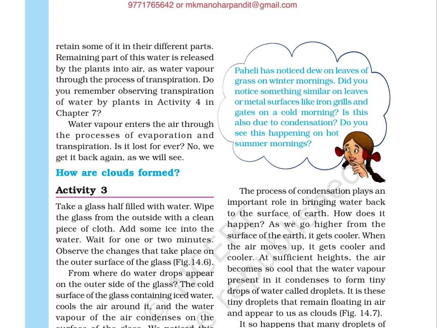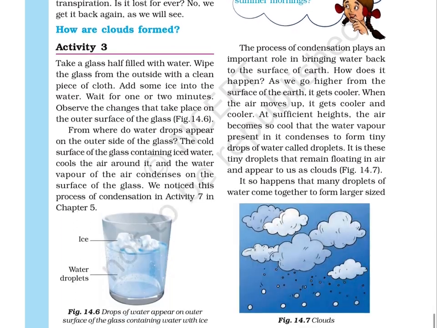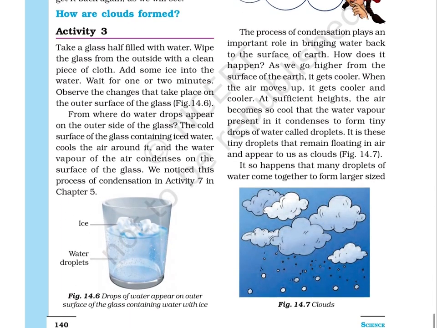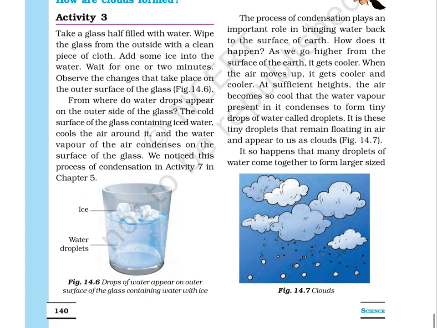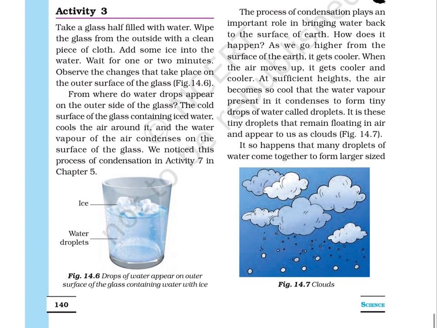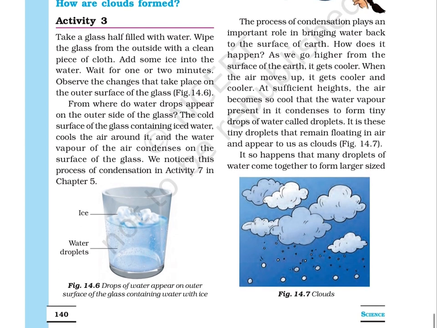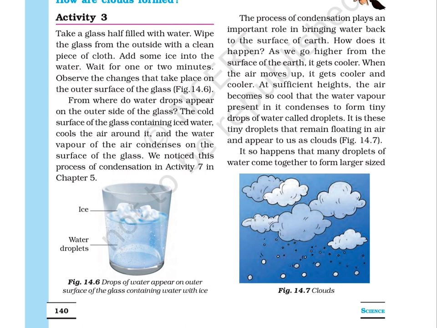The process of condensation plays an important role in bringing water back to the surface of Earth. How does it happen? As we go higher from the surface of the Earth, it gets cooler. When the air moves up, it gets cooler and cooler. At sufficient heights, the air becomes so cool that the water vapor present in it condenses to form tiny drops of water called droplets.